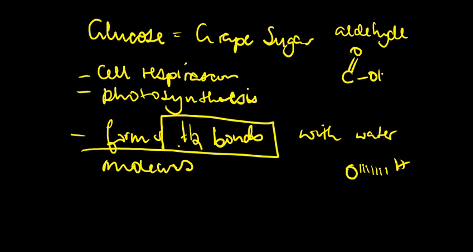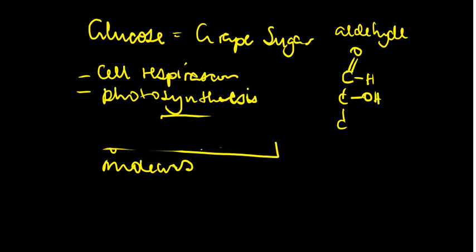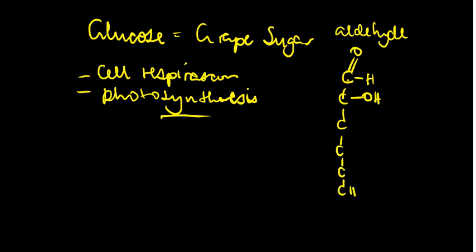So this is what you'll find on glucose, and the chain continues since there are 6 carbons. Looking at this chain, 1, 2, 3, 4, 5, and 6, notice that glucose has an aldehyde group. Carbon number 1 has the carbonyl group.